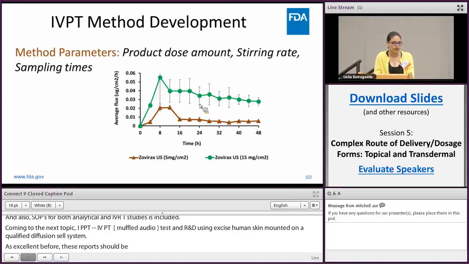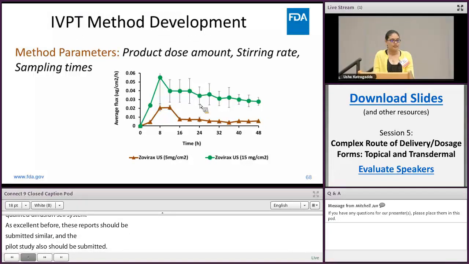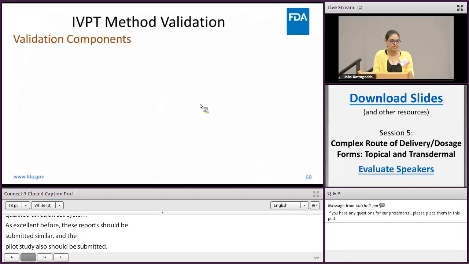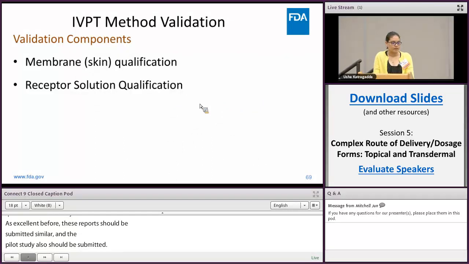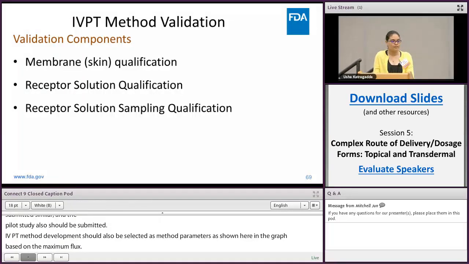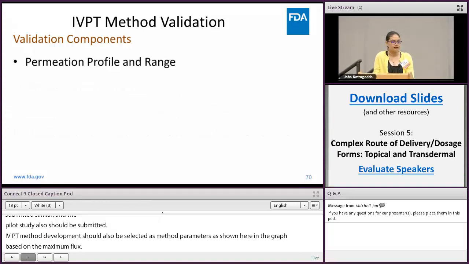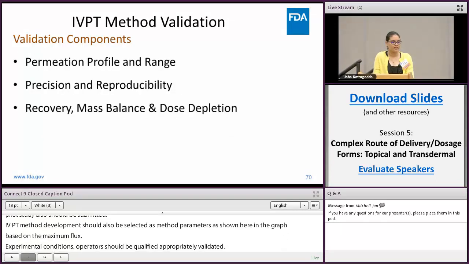IVPT method development should include information for the selection of method parameters. As shown here in the graph, product dose amount is selected based on the maximum flux. Experimental conditions and apparatus should be qualified and appropriately validated, and these are the following validation components recommended to submit in the method validation report.